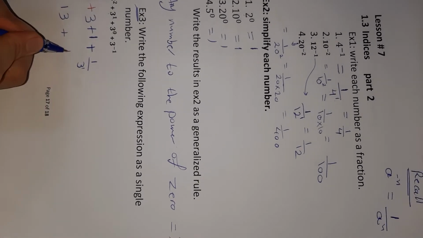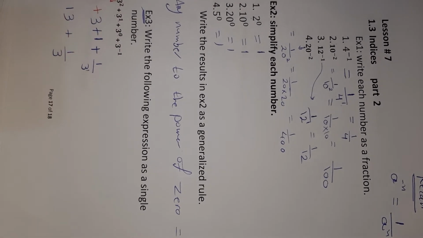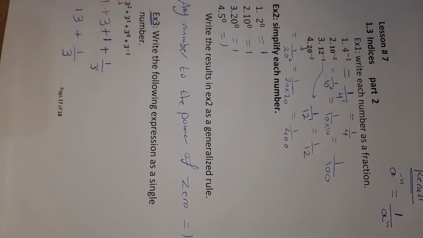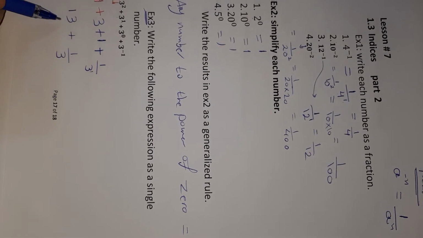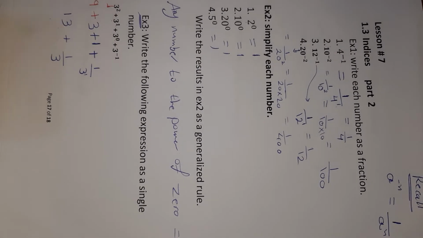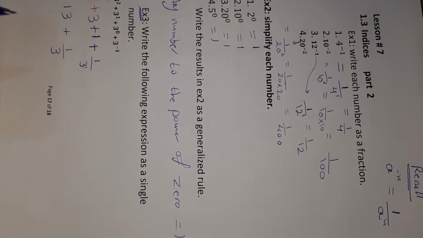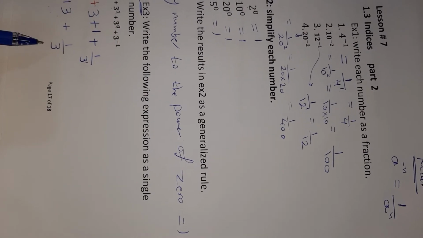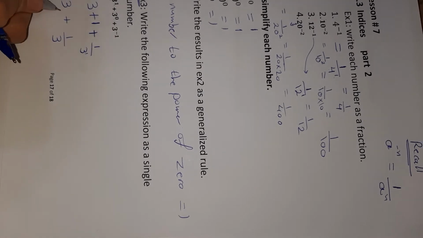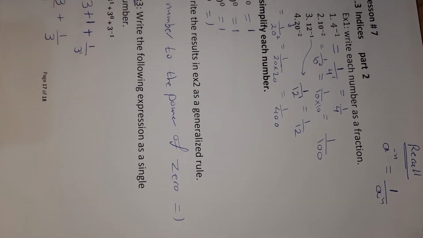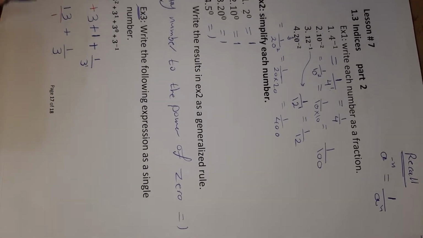plus a third. You have two ways. You can use fractions or decimals. If you want to use a fraction, it's 1 out of 3, or as a decimal, 1/3 means 0.3 repeating. Here I use fractions. 13 out of 1 has a denominator 1, and this is 3.